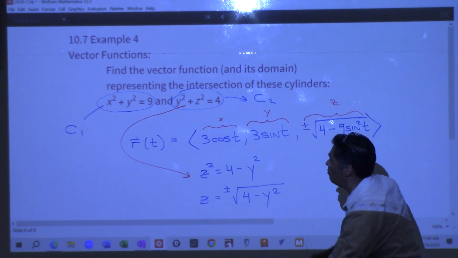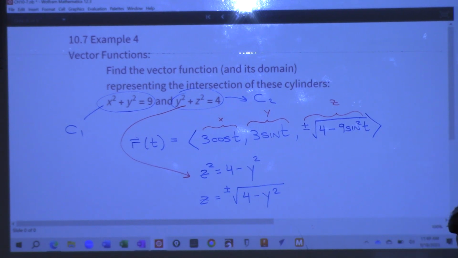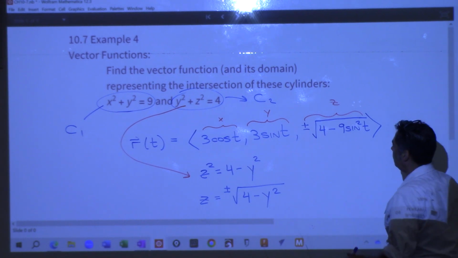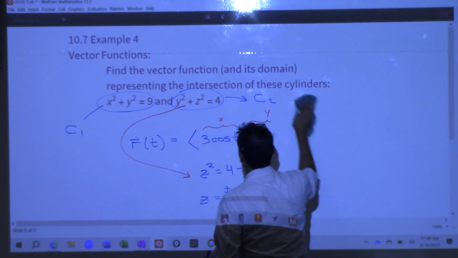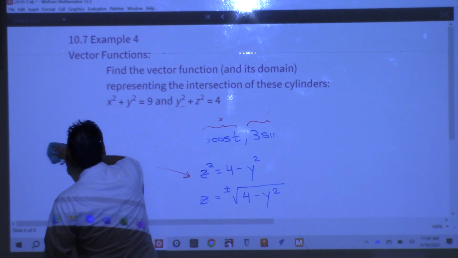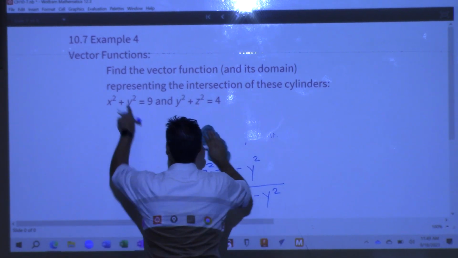What I want to do is restart the problem again, but with another student who did it a different way. Can I erase? Okay, so another student comes in and says, you know what I'm going to do? I'm not going to start with this one. I'm going to start with this one.